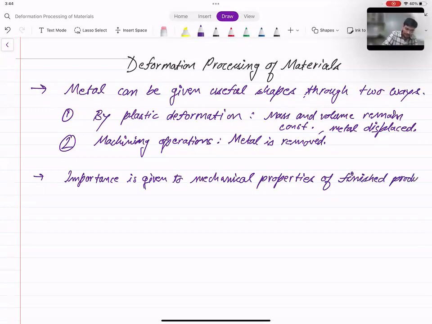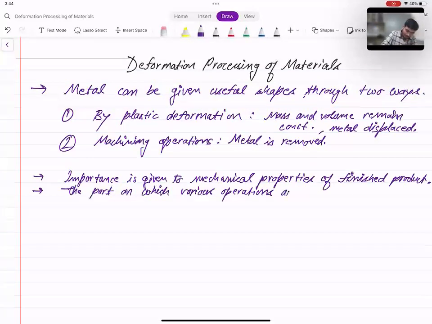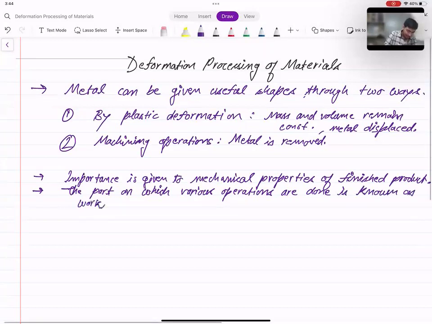And the part on which various operations are done is known as workpiece. So these are some important points.